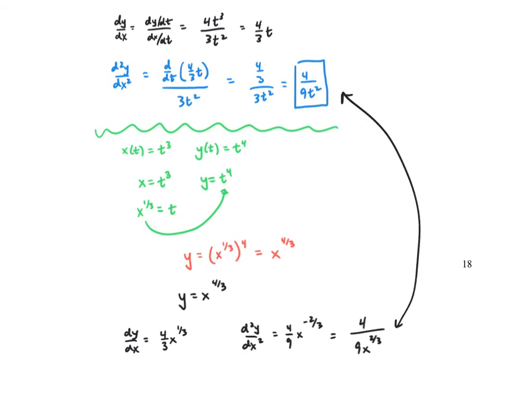Well, they happen to be the same because remember, t is equal to x to the 1/3 power, so we can do a simple substitution here, and we get 4 divided by 9t squared, which is exactly the same thing as we got before.